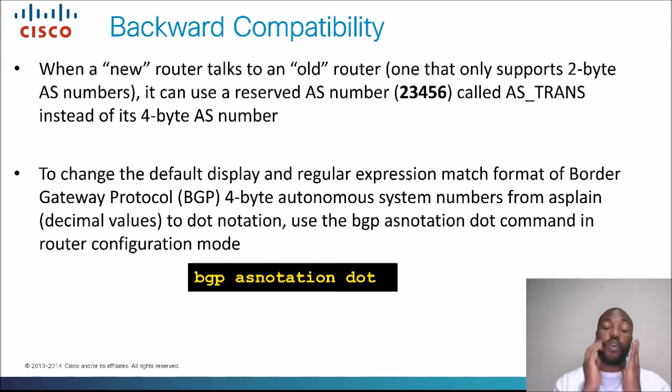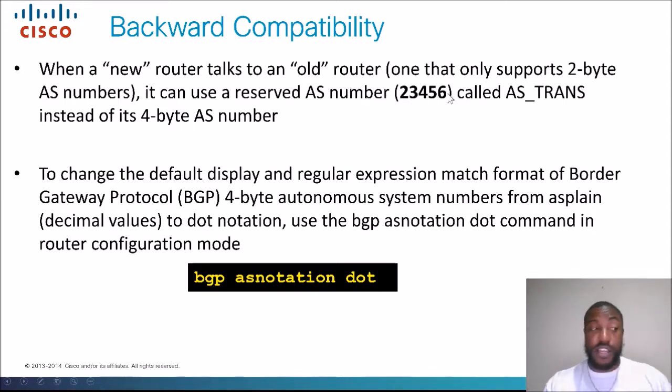Well, we have a reserved number, which I don't know why it wasn't in that previous slide that I showed you. We have this reserved number that we're going to use, so that way it'll be backwards compatible with the new or the old. So that way the old IOS can speak to the new IOS and vice versa, right? So this reserved number is 23456, right?